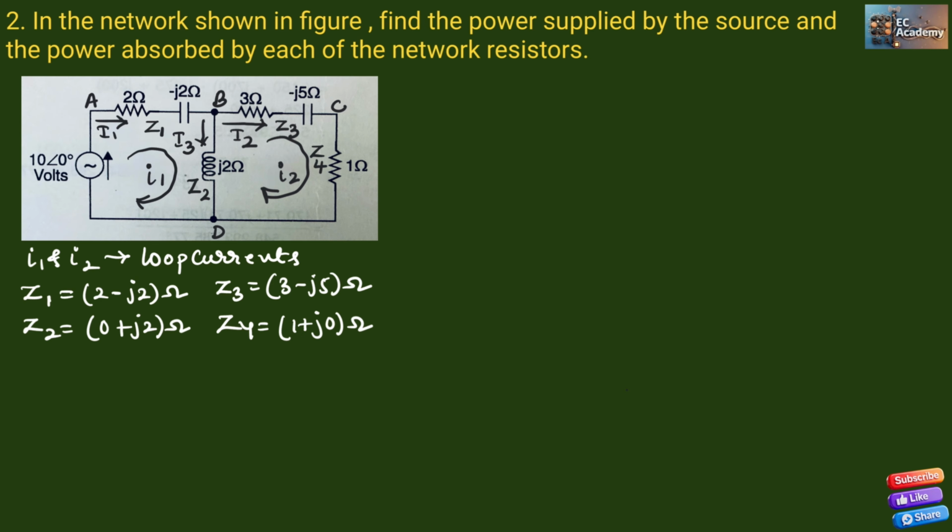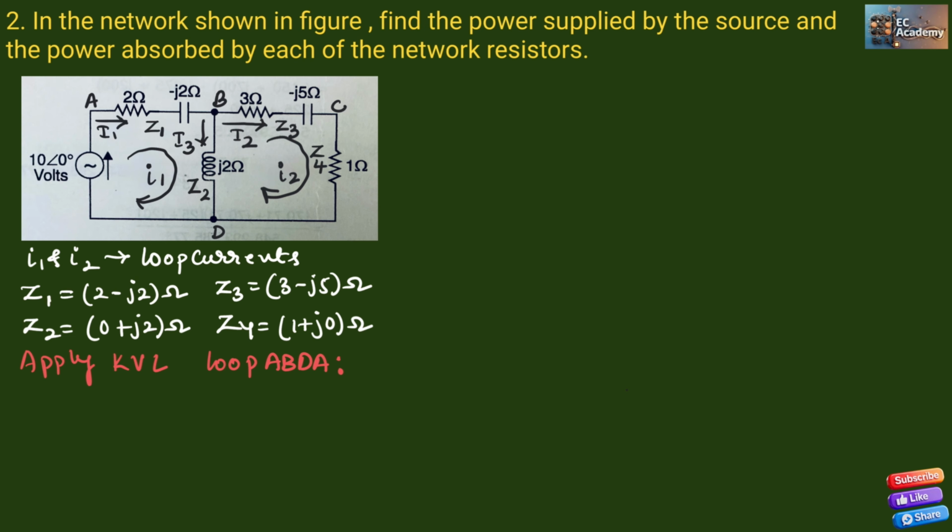Now let us apply KVL to both the loops. If we apply KVL to loop A, B, D, A, we can write: if we start from point A, the voltage drop in the branch A, B will be equal to Z1 into I1. The voltage drop in the branch B and D will be Z2 into (I1 minus I2). And we are traversing the voltage source from negative to positive, so we write plus 10 at an angle of 0 degree.